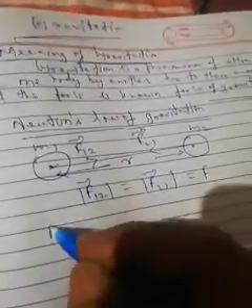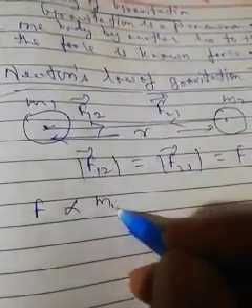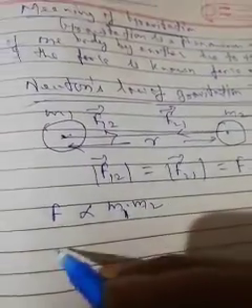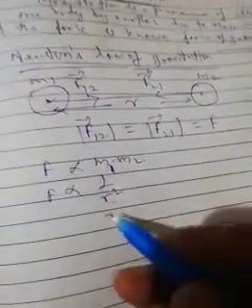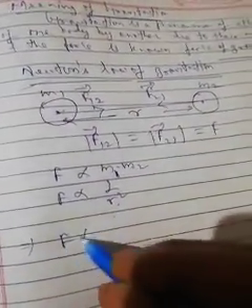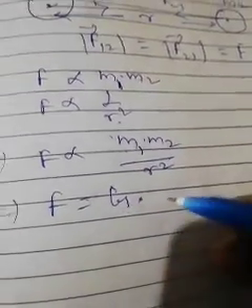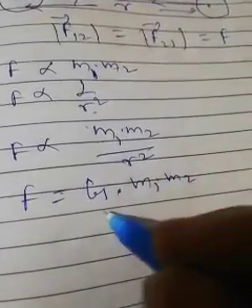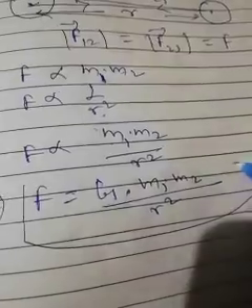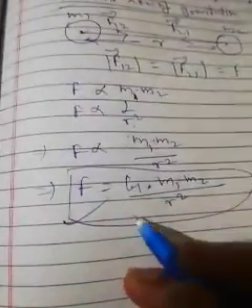According to Newton's law of gravitation, the magnitude of force is directly proportional to the product of the masses and inversely proportional to the square of the distance between them. If we combine these two, we get F = G m1 m2 by r square, where the proportionality constant G is known as universal gravitational constant, or simply gravitational constant.